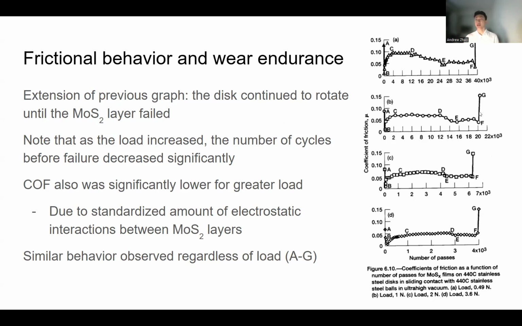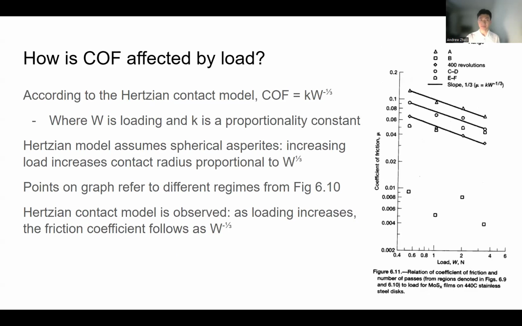For the lowest load, it was able to survive 40 times 10 to the 3. So what's that? 40,000 cycles. Whereas for the highest load, 3 newtons, it was only able to survive about 4,000 cycles before being slid off the surface. But we see here that the coefficient of friction is significantly lower for the greater load due to the standardized amount of electrostatic interactions between the layers of the molybdenum disulfide.